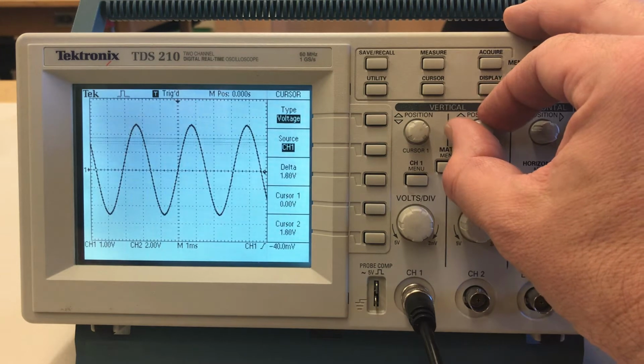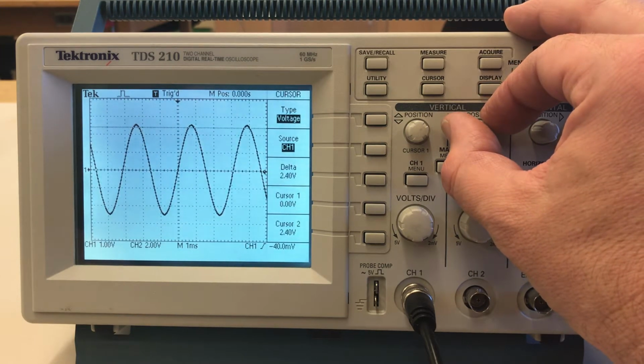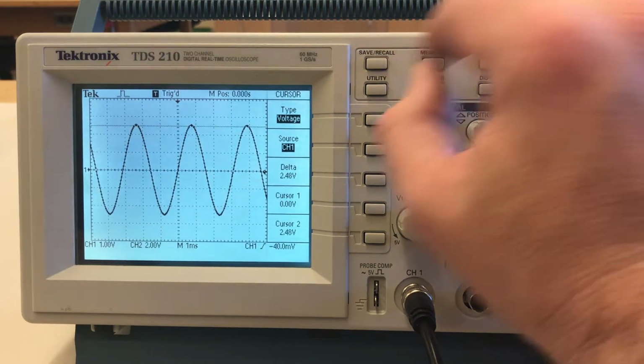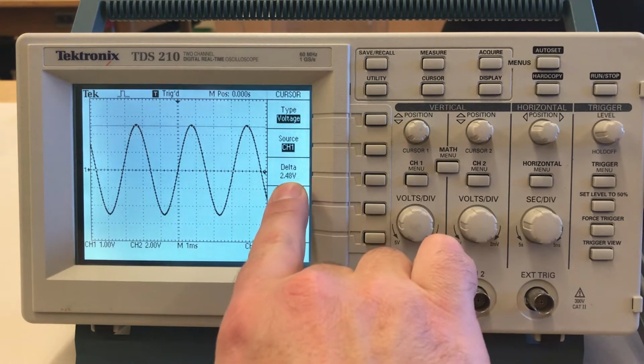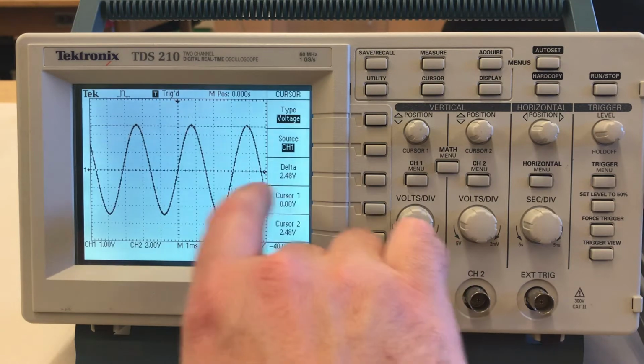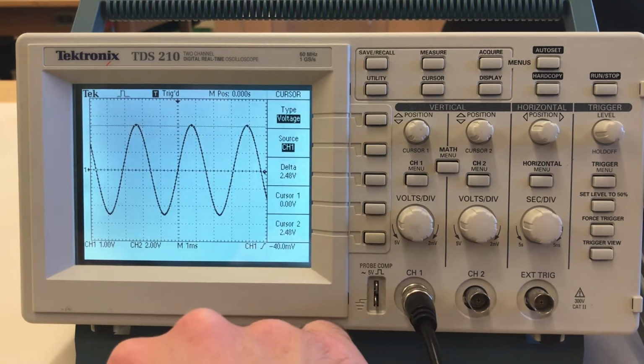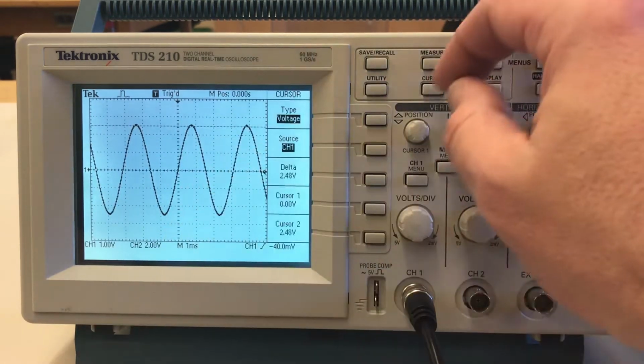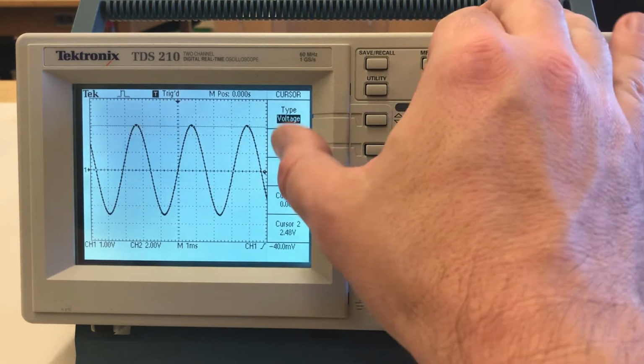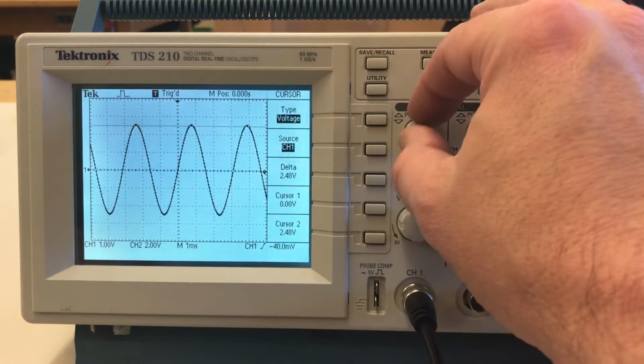Cursor 2, I'm going to put up at the top of the waveform. So if I put that here, we can see the delta difference between those cursors is the amplitude of 2.48 volts. You can see that matches pretty well the 2.5 that I estimated from counting.